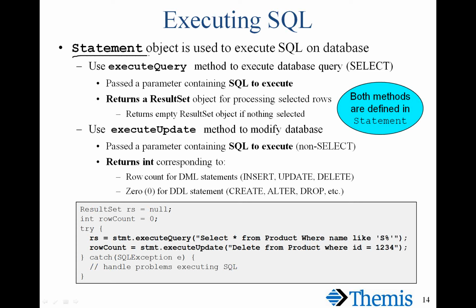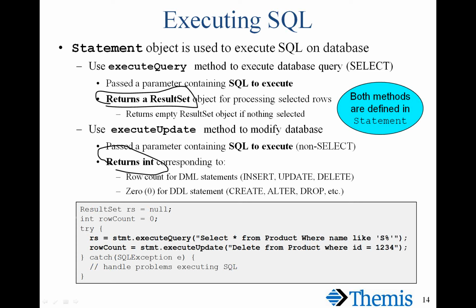Now, in order to use the statement object, you need to execute either a query, which is a select statement, or not a select statement. Update, insert, delete, create, alter, drop, grant, revoke, all those other kinds of statements are executable with executeUpdate. Again, executeQuery returns a result set, which then needs to be processed, where executeUpdate returns an int, a whole number, that tells you how many rows were affected by the call.